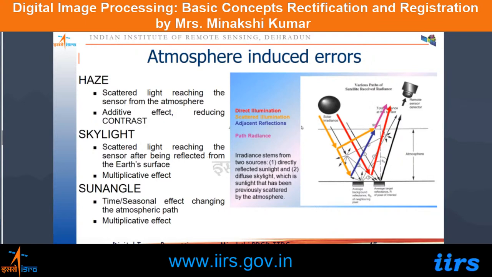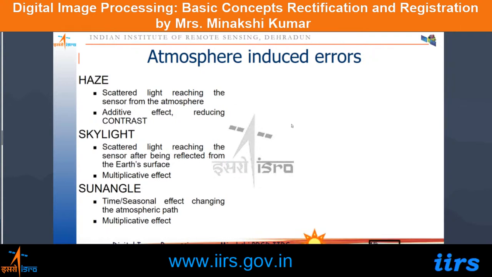So combinedly, atmosphere is a very complex part which affects the satellite image. Some of the errors we can remove with simple methods, which I will tell you. The difficult methods, that means atmospheric modeling, cannot be covered in such a short time.